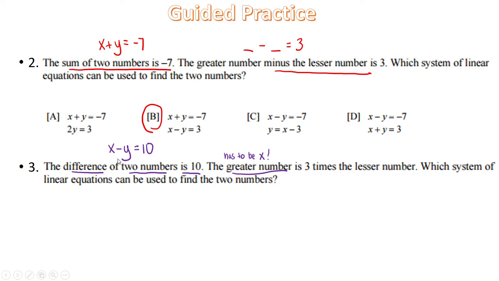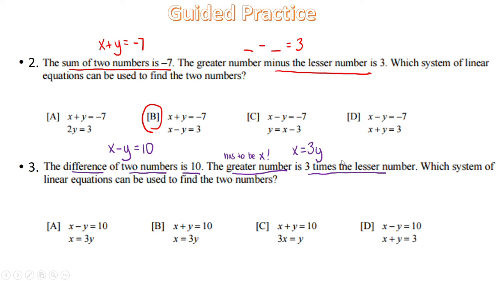But if you just have what I have, then x has to be the greater number. And if you read the second sentence, it says the greater number is 3 times the lesser number, so that means x equals 3 times the lesser number. This is my second equation. So tricky wording, but we would match that up to be A in this case.